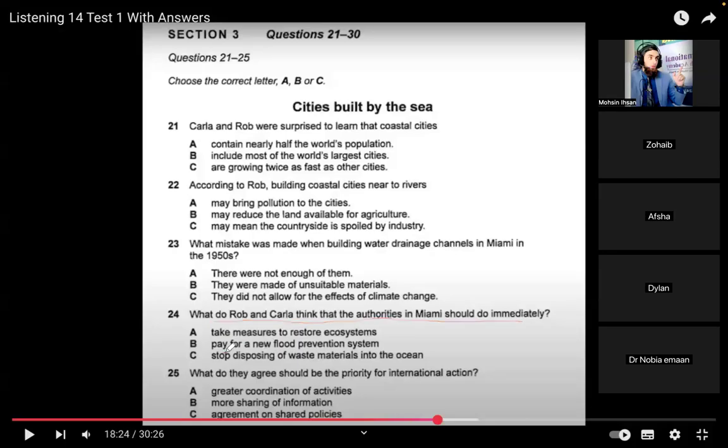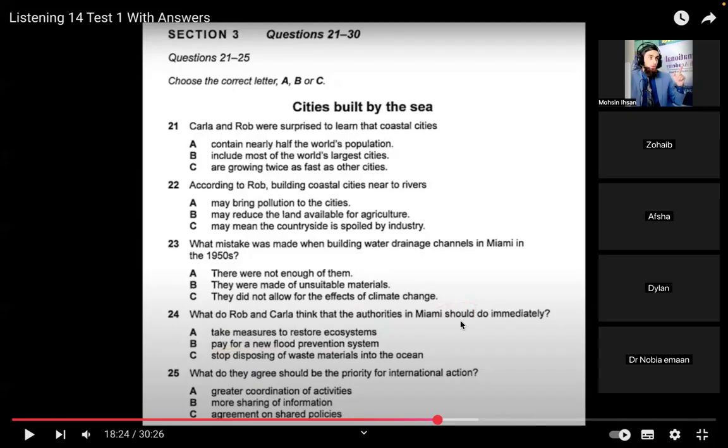So they say pay for a new flood prevention system, or just need to find the money. The recommendation was given here. What do they think the authorities should do? Are they both saying the same thing? And next is need money or pay. So this one is the right option, B.